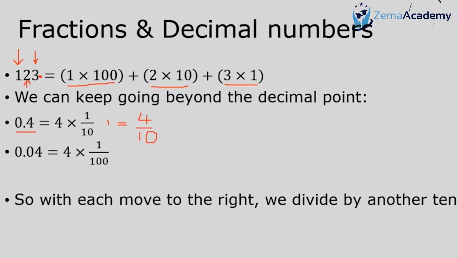The next example, 0.04. Well, I can write that again as 4 times 1 over 100. I'm dividing by another 10 each time. So with each move to the right, we divide by another 10.